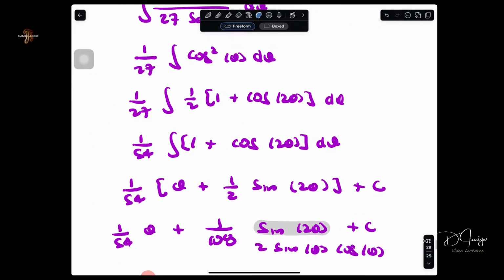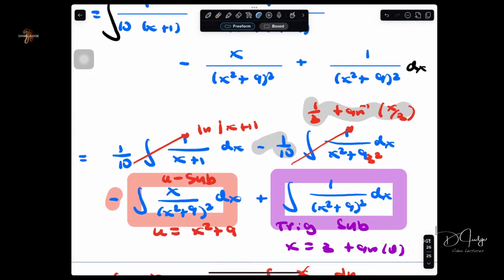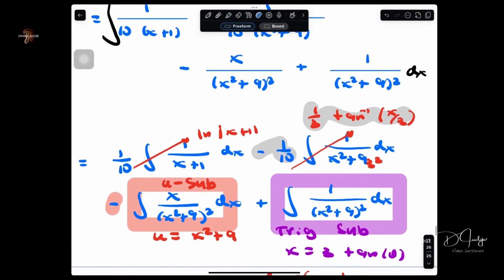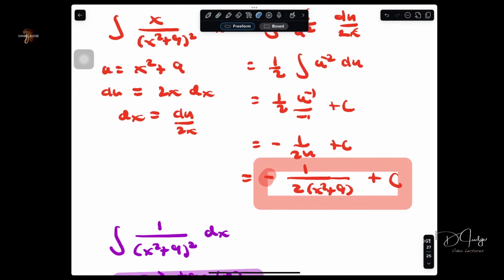And I think that now means we're going to add the purple integral. Yeah, we're adding the purple.